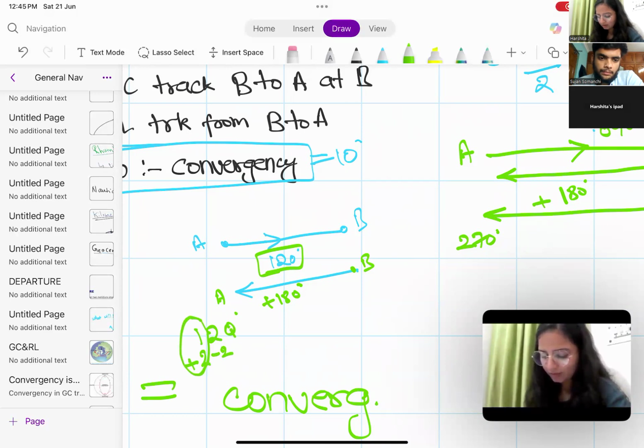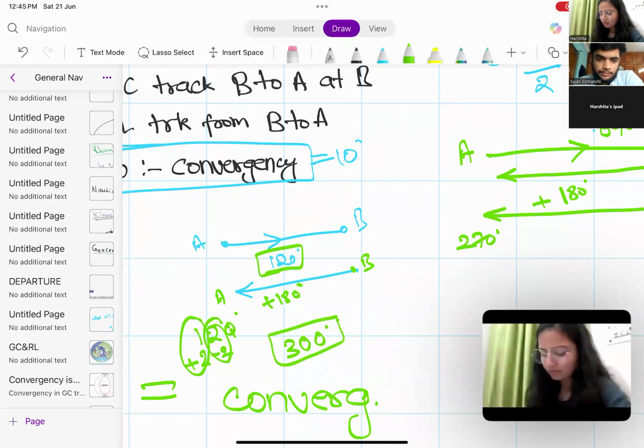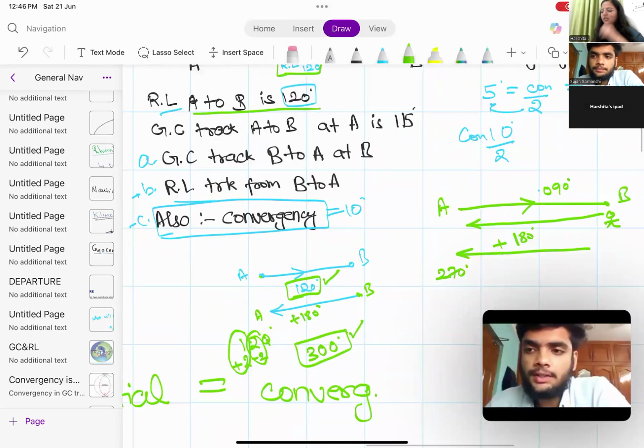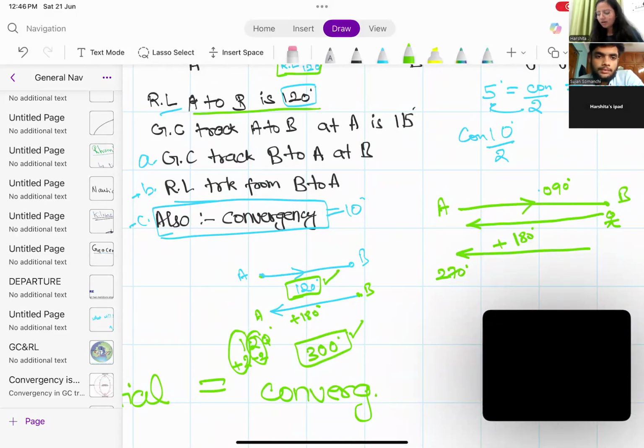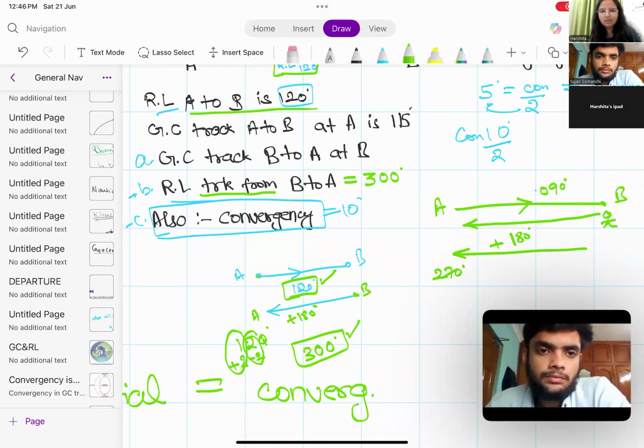Plus 2 plus 1, 3, 3. 4. 2 minus 2, 0, 0. So if A to B the direction was 120 degree, then from B to A the direction is going to be 300 degrees, right? So the rhumb line track from B to A is going to be 300 degrees.